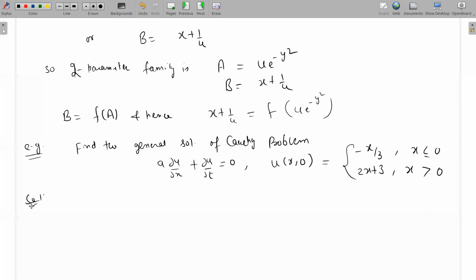Okay, so first write Lagrange-Charpit equations. So dx by a, instead of y you have t here, and right hand side. So this is a linear equation.